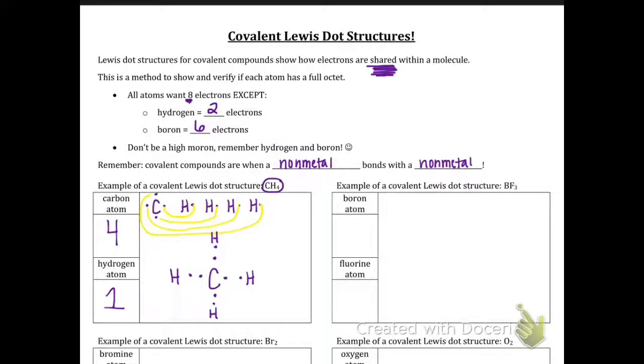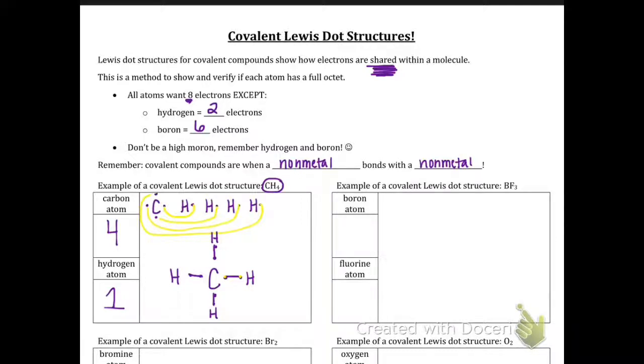And we show that they are sharing those electrons by putting a dash between them. So a dash here, dash here, dash here. So as you can see, each dash sort of represents 2 electrons. So you have an electron here and you have an electron here.